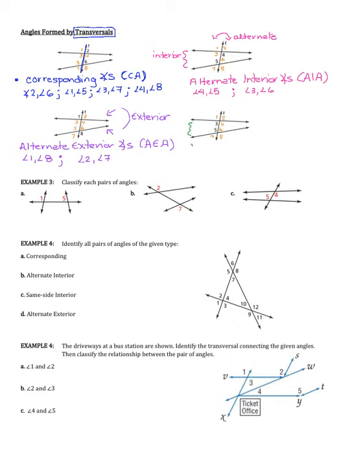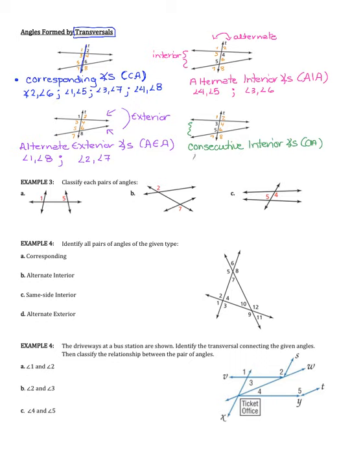But your book, in its wisdom, decides to call them consecutive interior angles. And it does give us kind of a nice abbreviation, so we call these ones the CIA, consecutive interior angles. And they're consecutive, so I guess that makes sense.